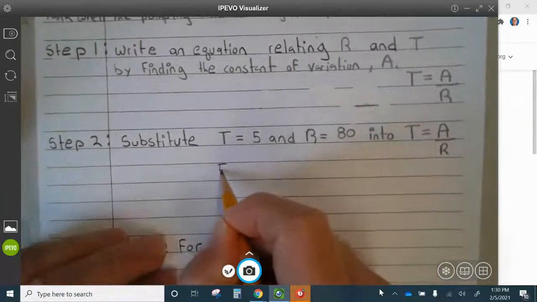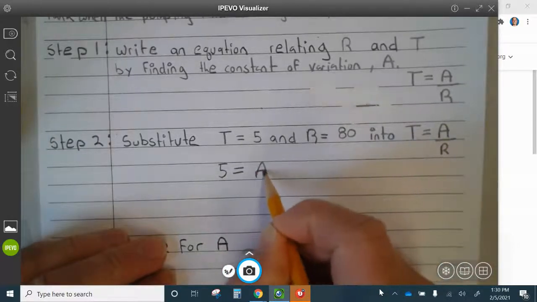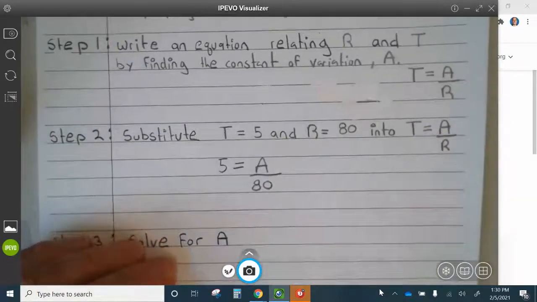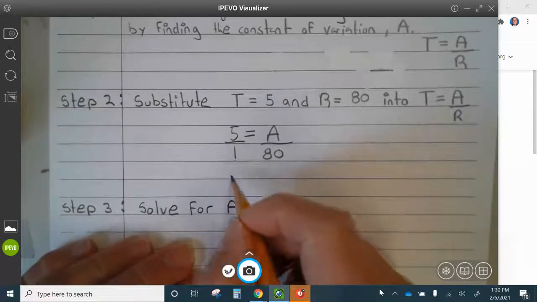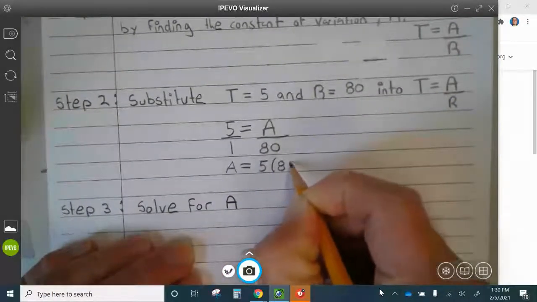So 5 equals a divided by 80. Okay, we're going to solve for a. So 1 times a is a equals 5 times 80.